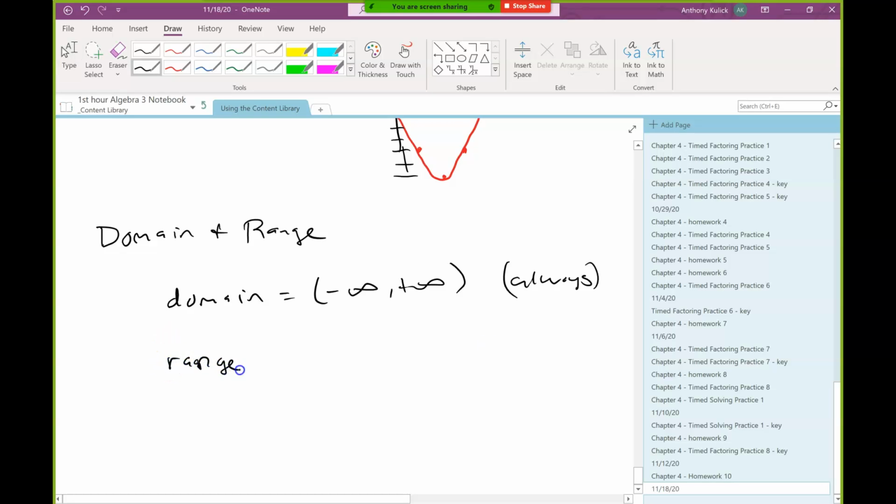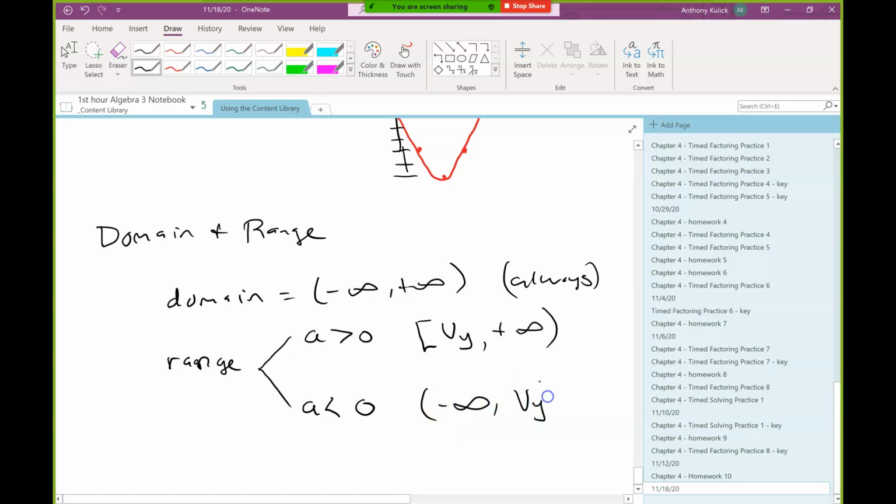And then the range is 2 situations, depending on whether the parabola opens up or opens down, which again, that was decided by that value for A. If it opens up, the interval goes from the y-coordinate of the vertex to positive infinity. Or if it opens down, it's going to go from negative infinity to the y-coordinate for the vertex.